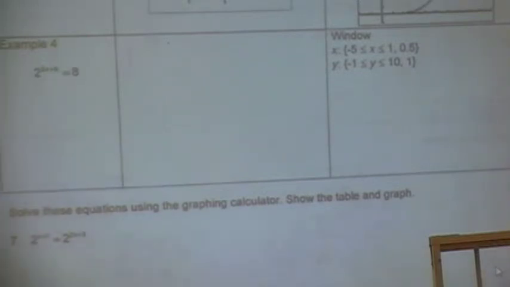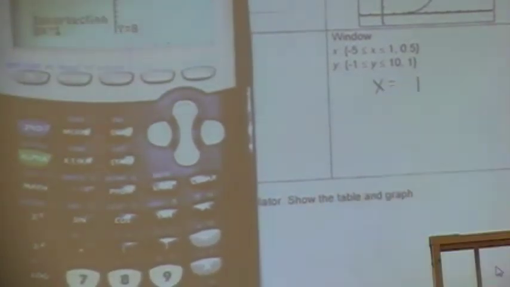You don't have to make sure the bases are the same, not if you use your calculator. That's pretty cool. So I got x equals -1. And if I check my table, same thing, you get -1, y1 equals 8, y2 equals 8.